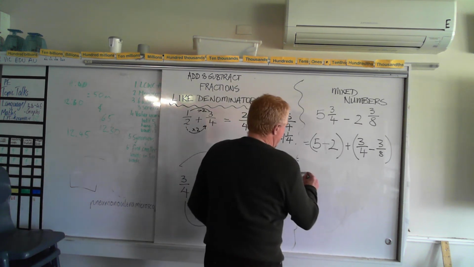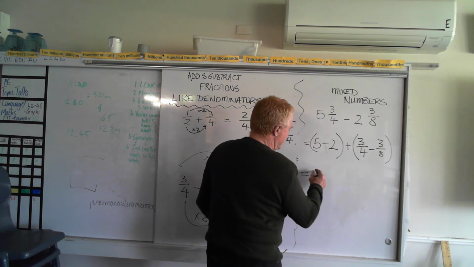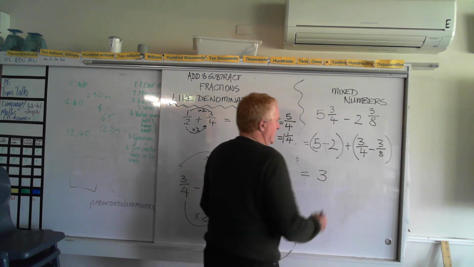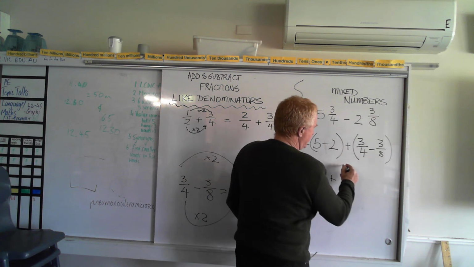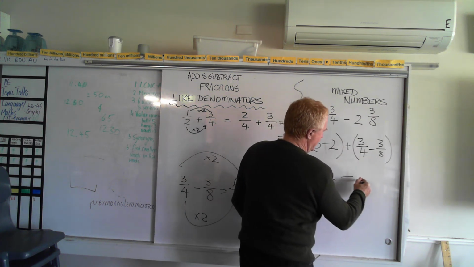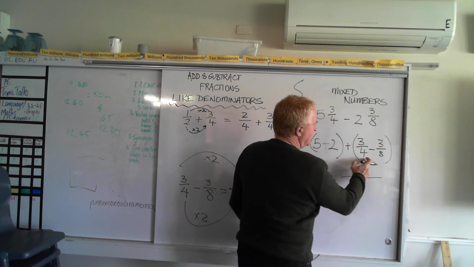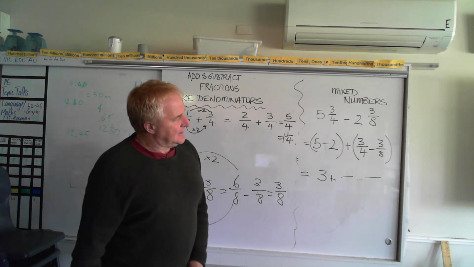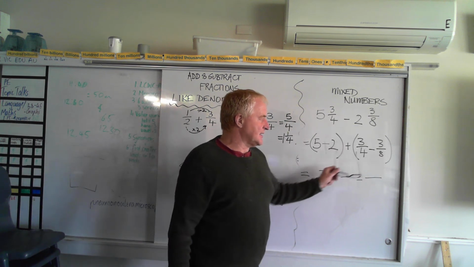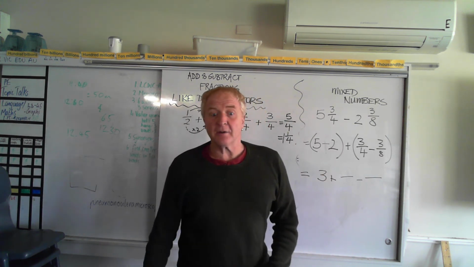If I go to the next line down, obviously this is going to be 3. And we're going to add to 3 what we get here. And that will be, now what will our like denominator be? Won't be quarters, because 8 doesn't go into 4, but 4 does go into 8.